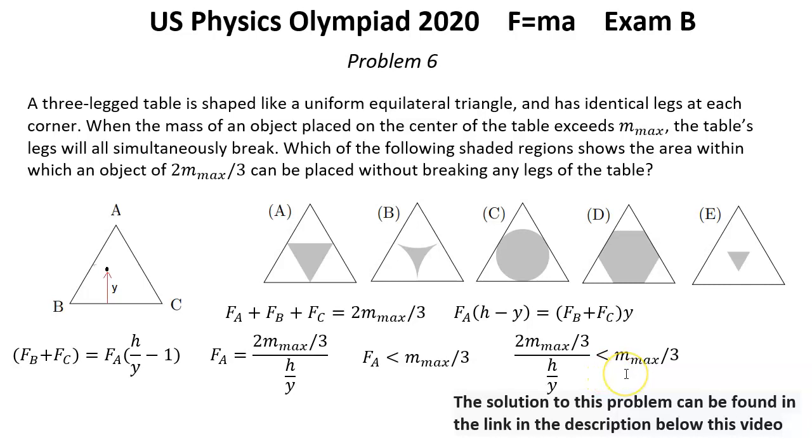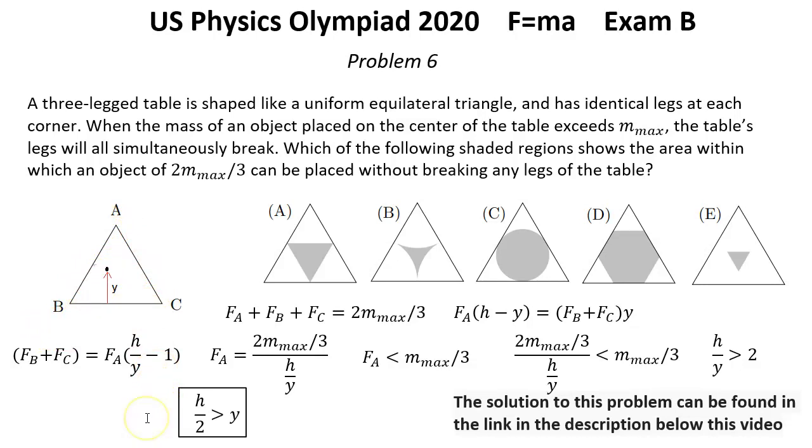And from this inequality we have h over y must be greater than 2 and y must be less than h over 2. So it means that mass must be placed at distance less than h over 2 from each side, BC, AB or AC.